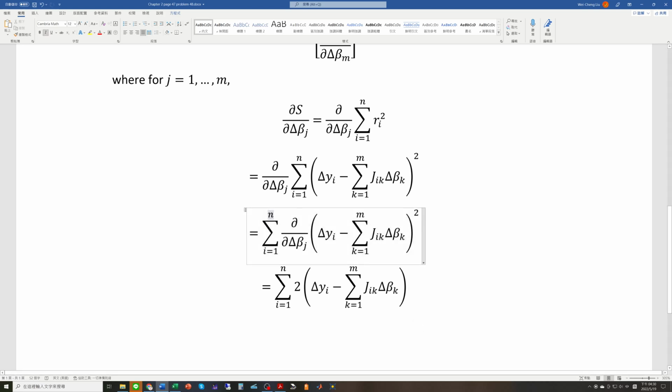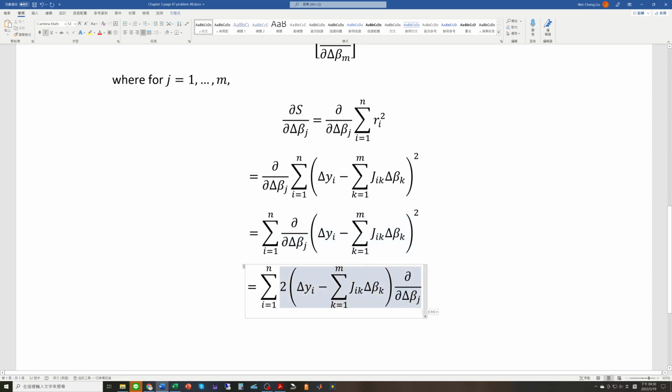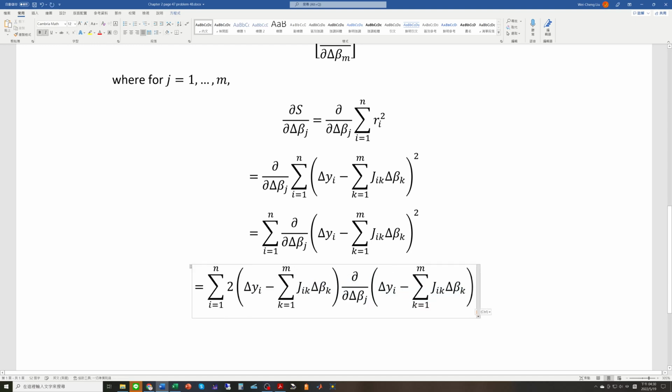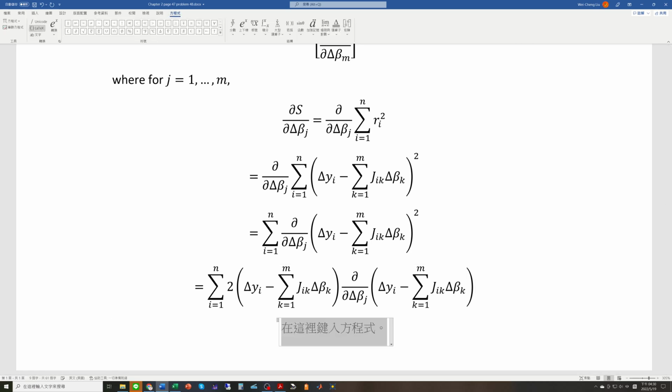And according to the chain rule, we need to take the partial derivative here, partial over partial delta beta j, of this term. Let us copy this again.